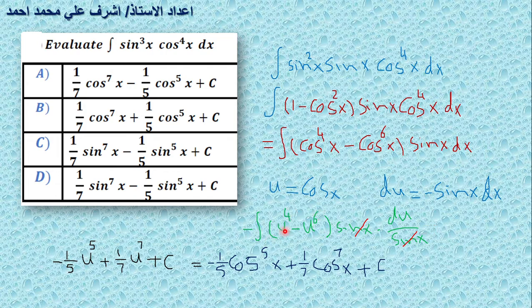With the power rule, we increase the power by 1: u to the power 5 times 1 over 5, and negative times negative is positive, increase the power 6 plus 1 to 7, u to the power 7 times 1 over 7, plus c. Now re-substitution: we substitute u by cosine x, so we'll get this result.